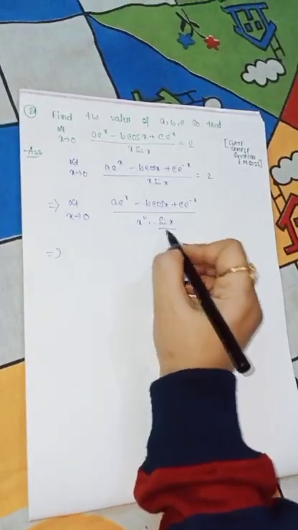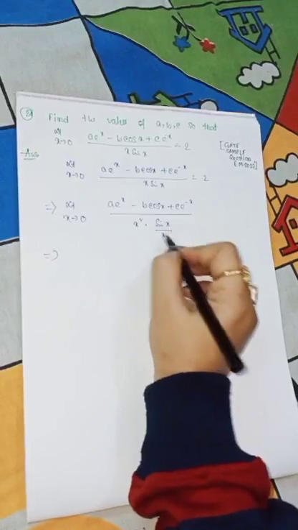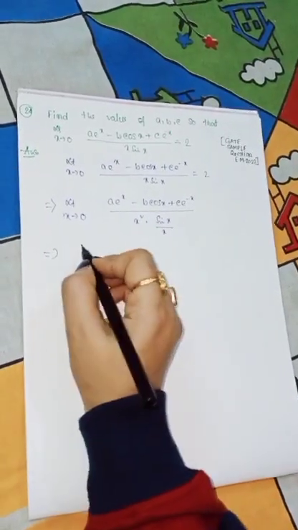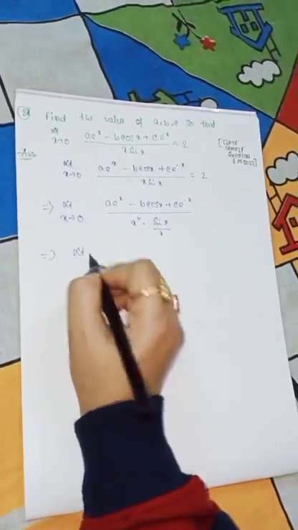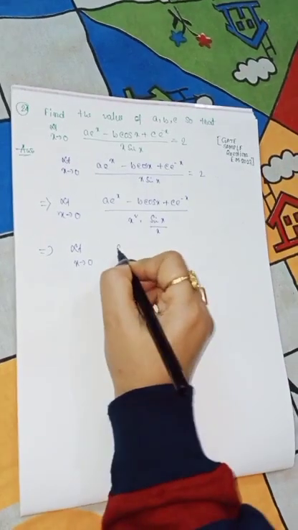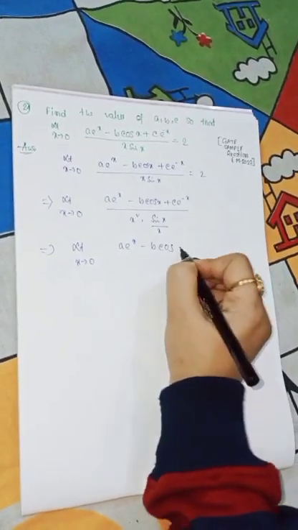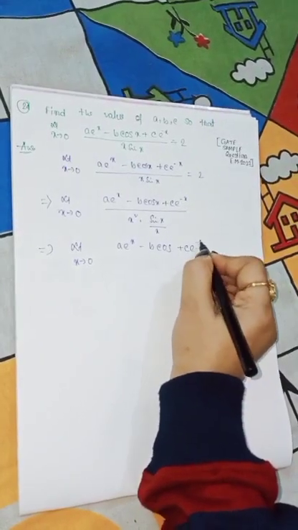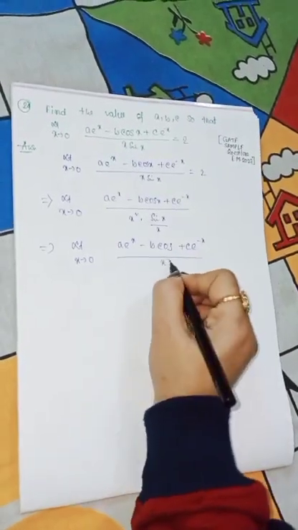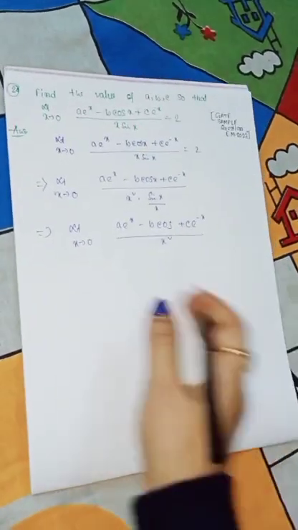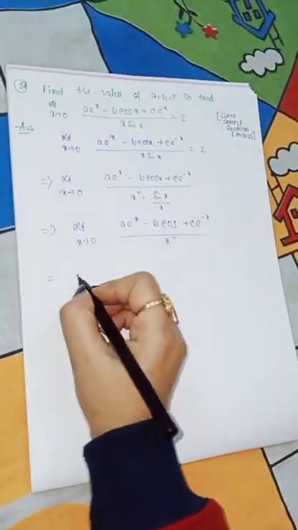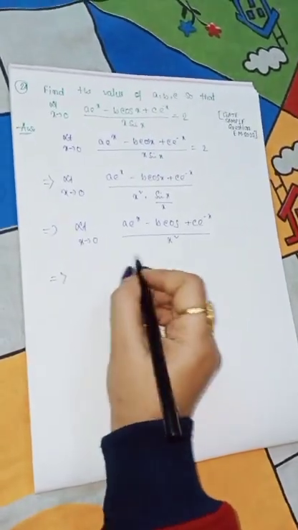We know limit x tends to 0 of sin x by x is equal to 1. So this is limit x tends to 0 of (a e to the power x minus b cos x plus c e to the power minus x) by x square. So that is equal to, putting limiting value.